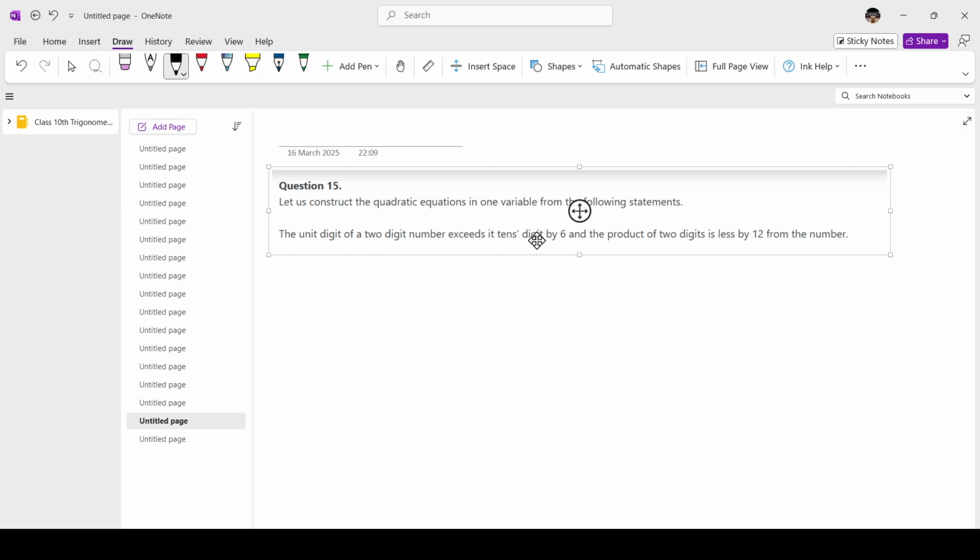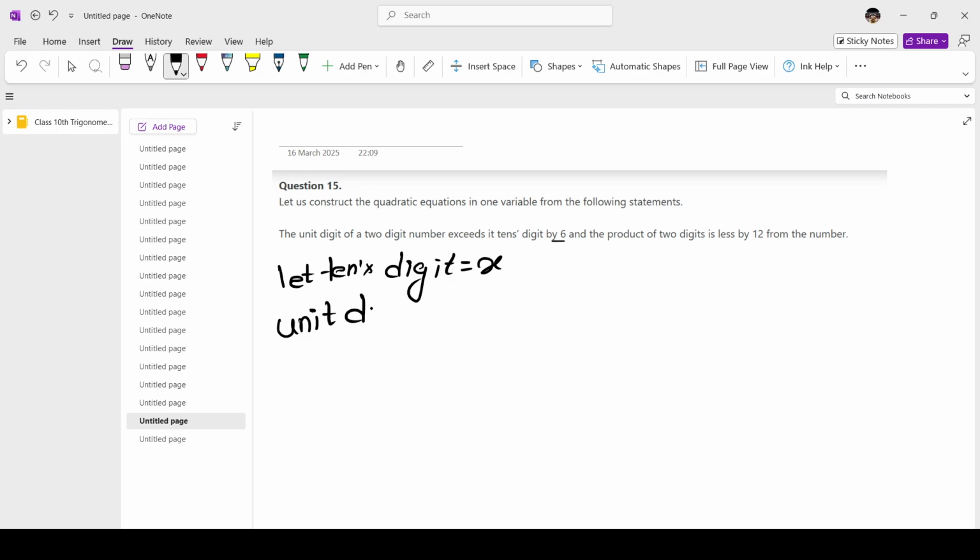Now the next question is there. The unit digit of the number is 6 more than the tens digit. So first of all, let the tens digit be x, and the unit digit is equal to x plus 6.